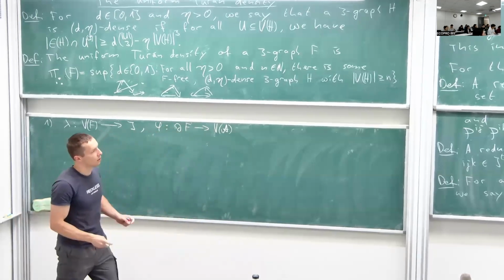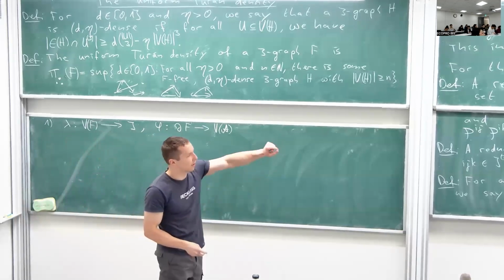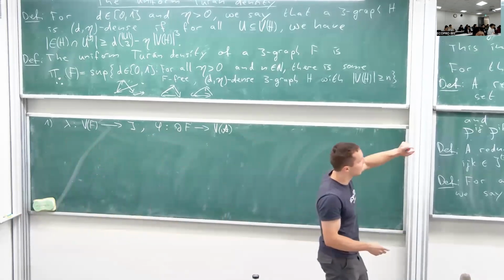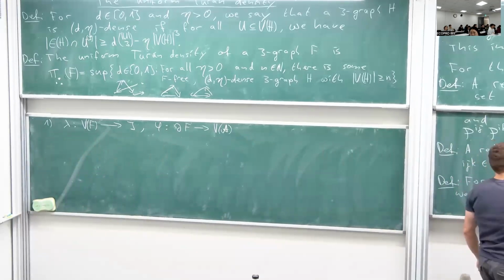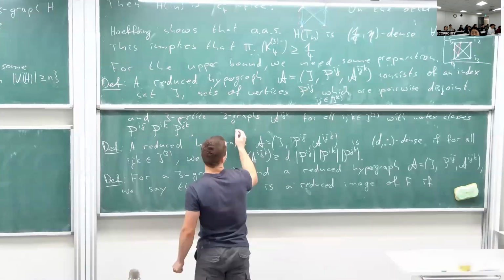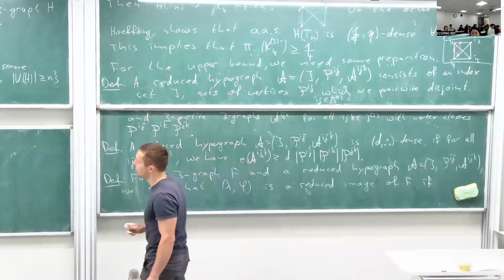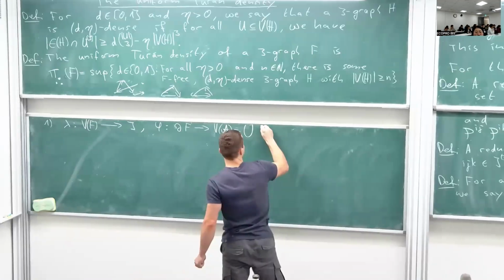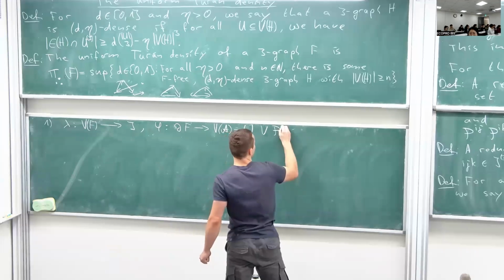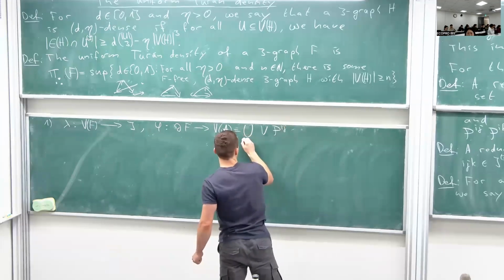Okay, so the reduced hypergraph as a hypergraph itself consists of the union of all these three graphs. Union of the vertex sets, all these P, I, J.